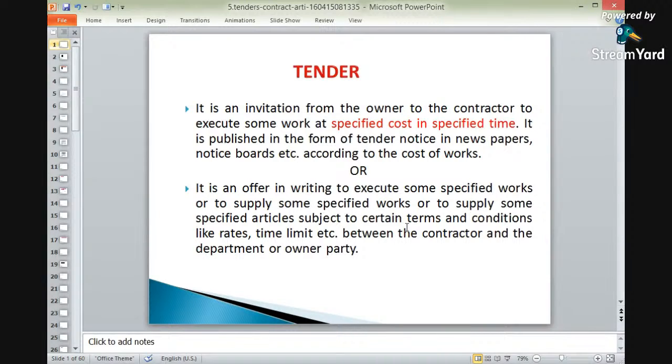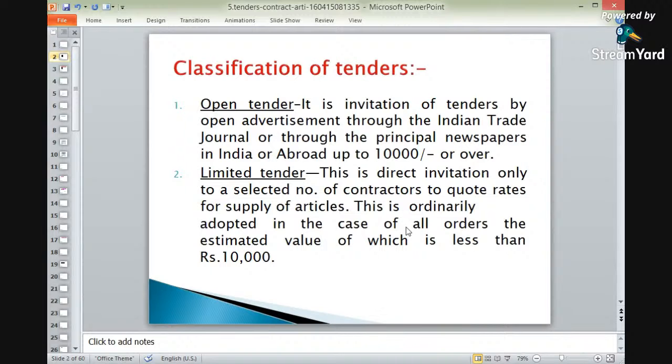So after fulfilling the terms and conditions, after deciding the rates and the time limit, the dealings between the owner and the contractor will be carried out. This dealing may be done in private sectors also, between the owner or the firm and the contractors. This is nothing but tenders. What is the classification of tenders?